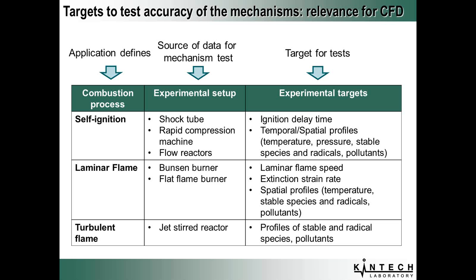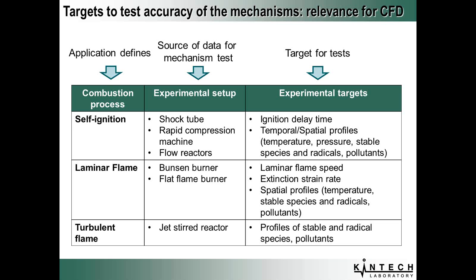Then for laminar flames, people usually extract information about laminar flame speed, extinction strain rate, or spatial profiles of temperature, stable and radical species. And for turbulent flames, people usually extract profiles of stable and radical species and pollutants.